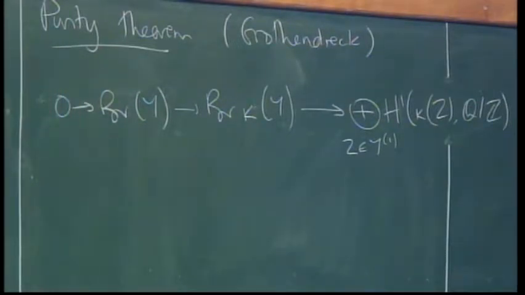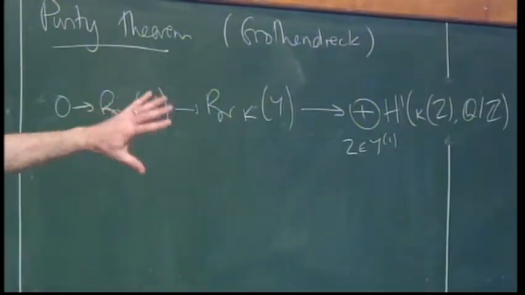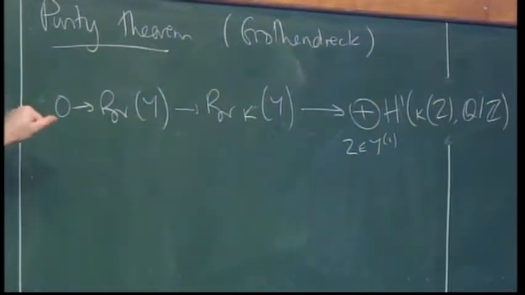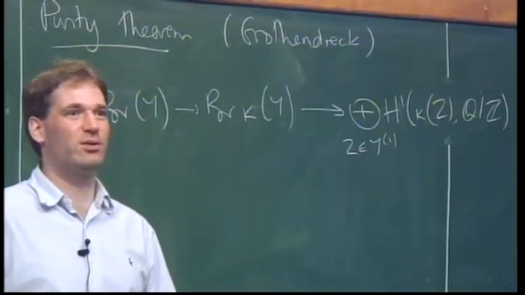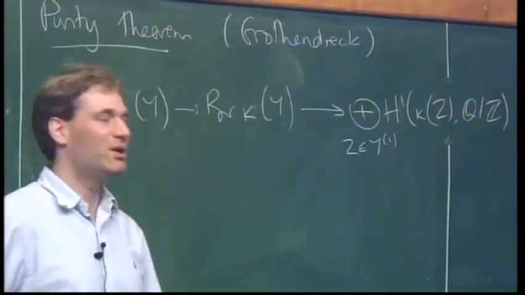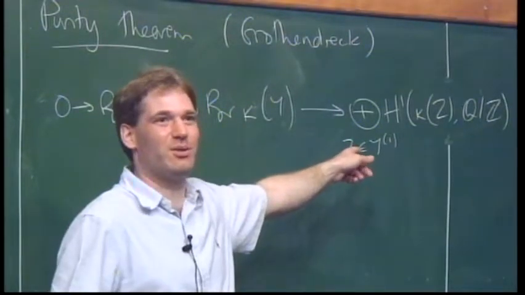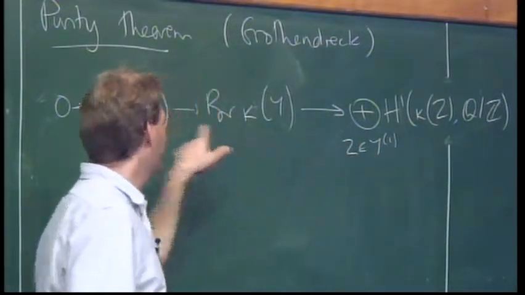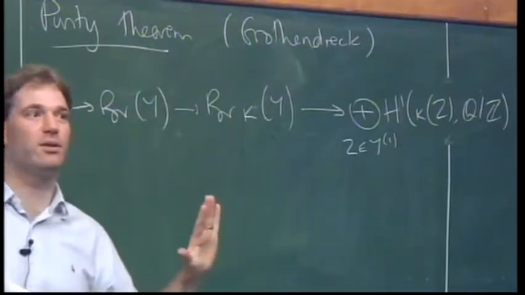I only define this on Brauer of Y take away Z, but you can extend it in a natural way to the Brauer group of the whole function field. So the things that have trivial residue everywhere are precisely the ones that actually belong in the Brauer group of Y. And I encourage you to think of this as the relationship between rational functions and regular functions. If you have a rational function, you can look at its valuation on any prime divisor, and it's regular precisely if it has valuation 0 along every prime divisor. It's really completely analogous to that.